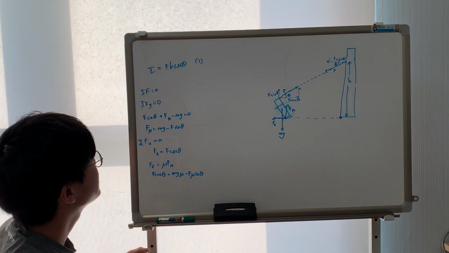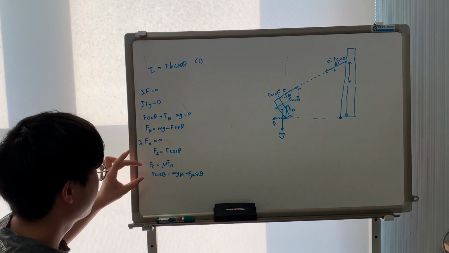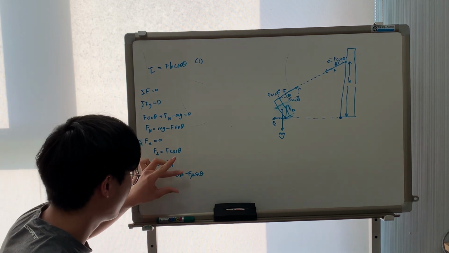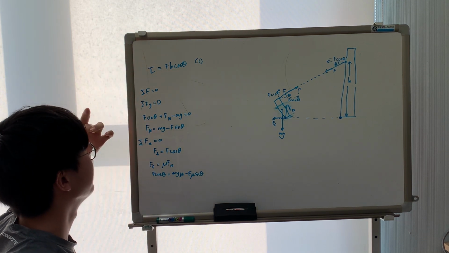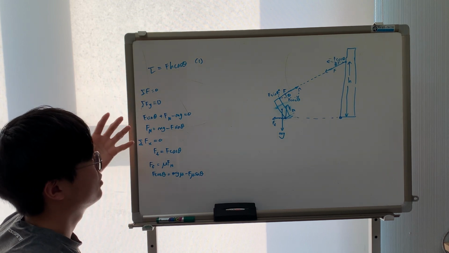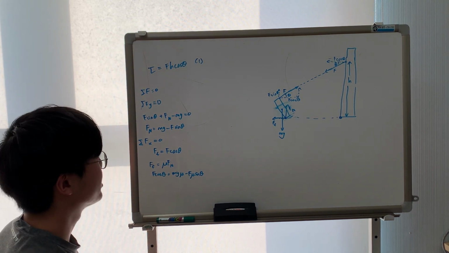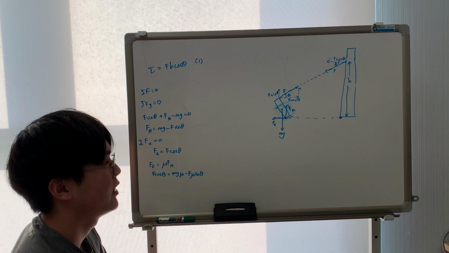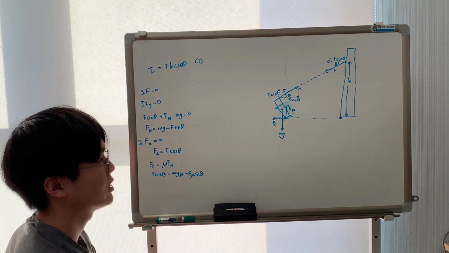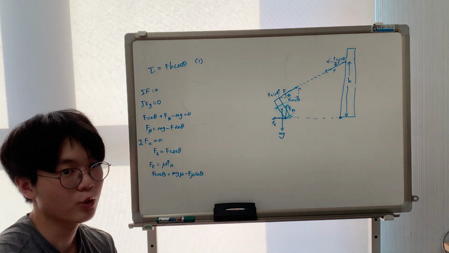Now what we want to do is plug our value of F from this equation into our torque, and then determine what value of h optimizes our equation for the torque.